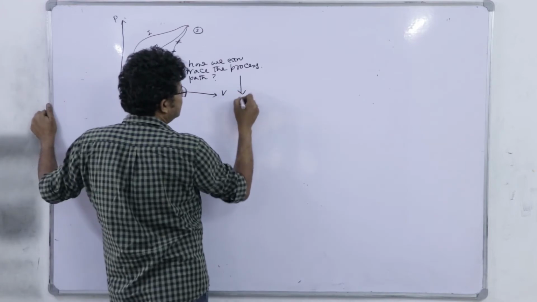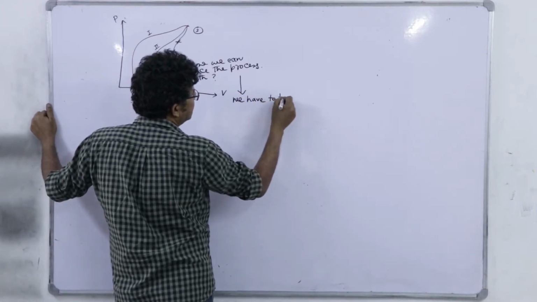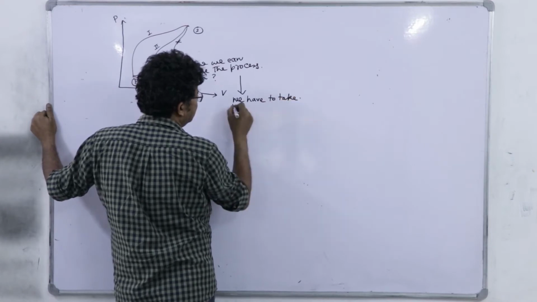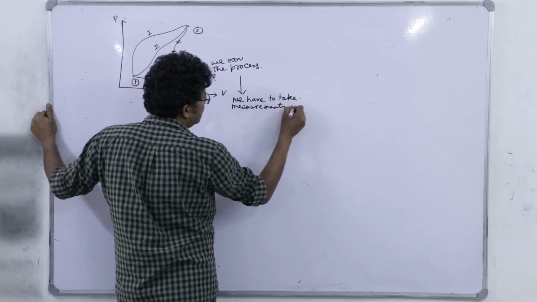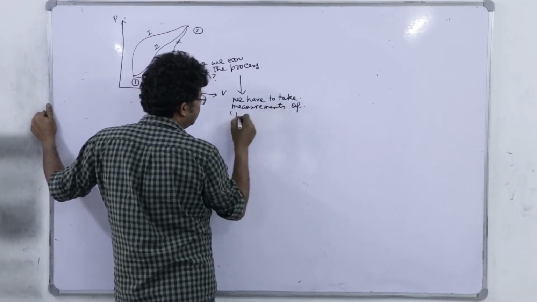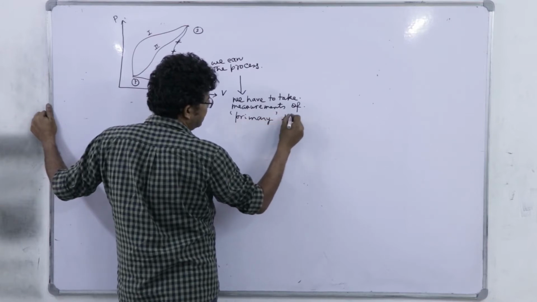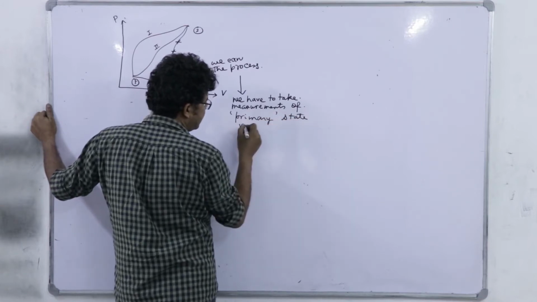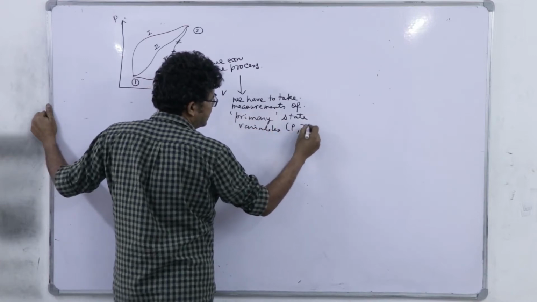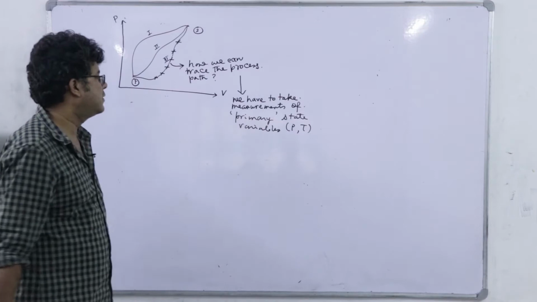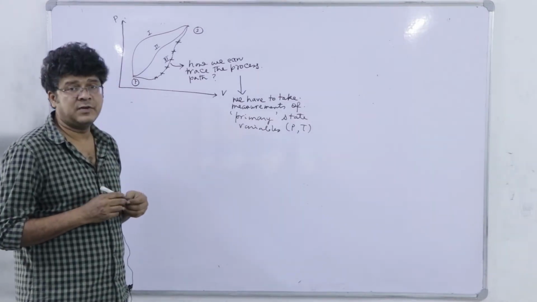So, the answer is we have to take measurements of primary state variables, pressure, temperature, right.